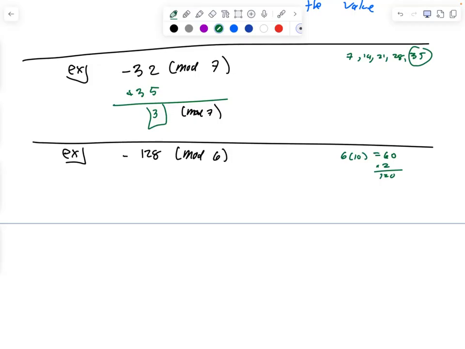Then I can add 6, which gives 126, and we need one more. So 6 more than 126 is 132. So I got to 120 rather easily in my head, and then I just started counting by 6. So I can add 132, and what's this going to give me as an answer?